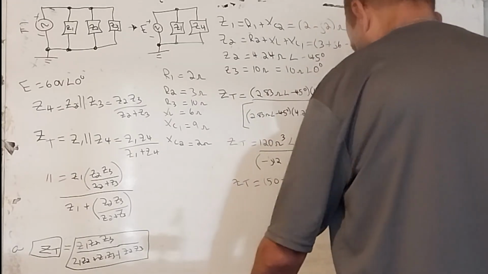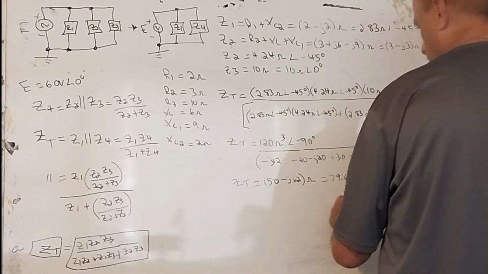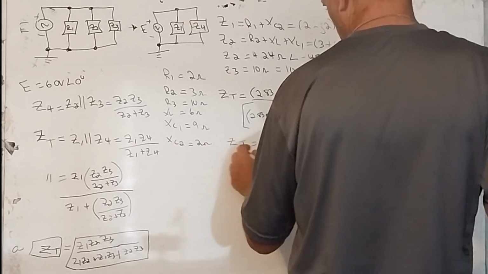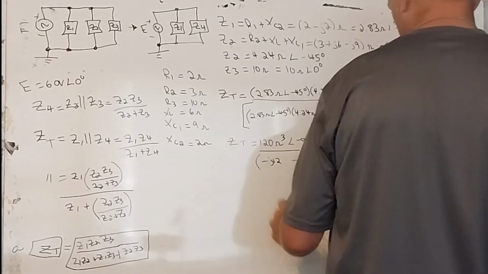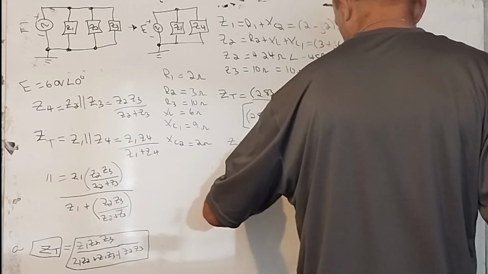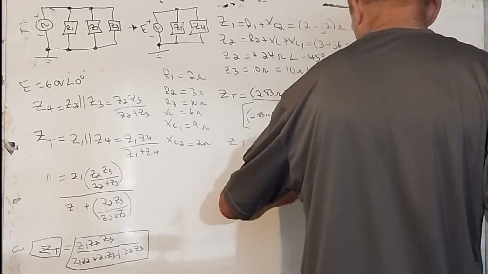But this here is not Z sub T. Right here, we're gonna take this value divided by this value. This here is 120 ohms squared at an angle of negative 90 degrees.